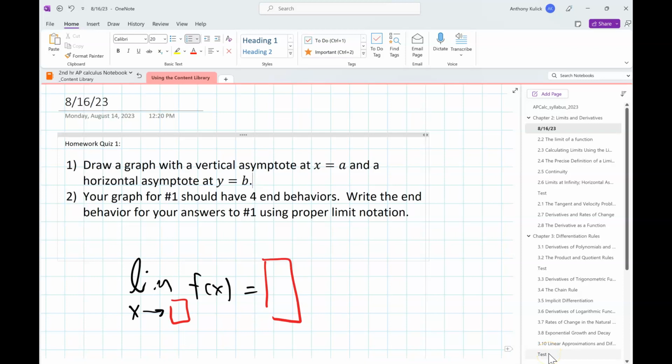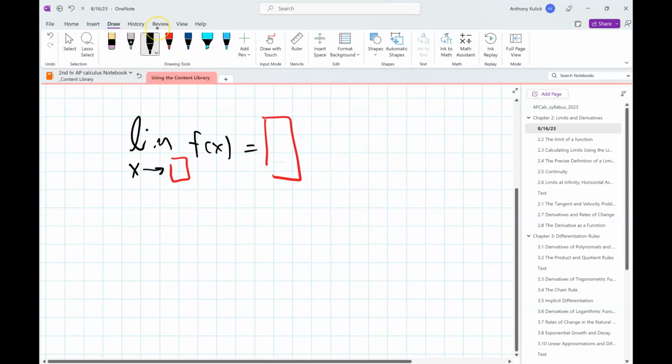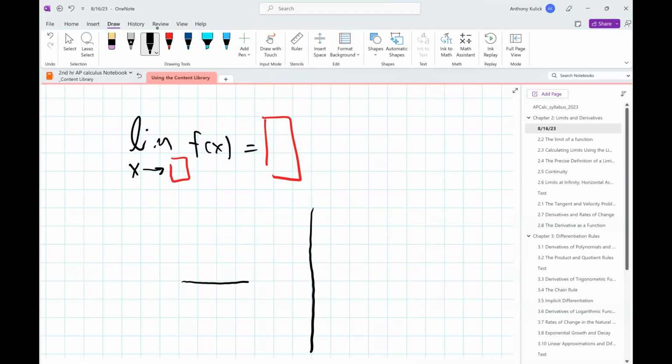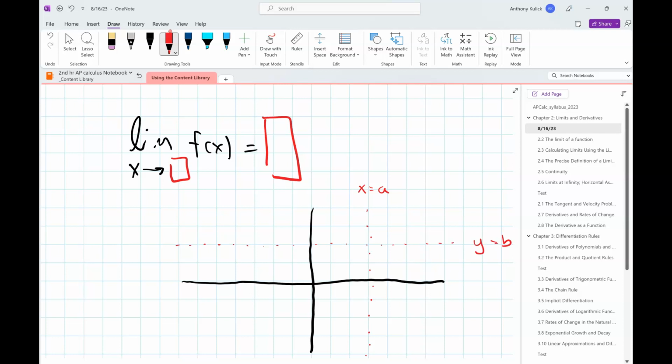And let's take a little gander at this thing that I asked you guys to work on yesterday. So part one, when I glanced through, it seemed like everybody basically did this right. So I said just x equals a, so it didn't really matter where you put that vertical asymptote, and I said x equals b. It didn't really matter where you put that horizontal asymptote.